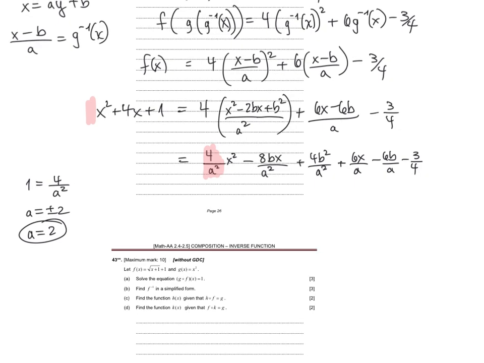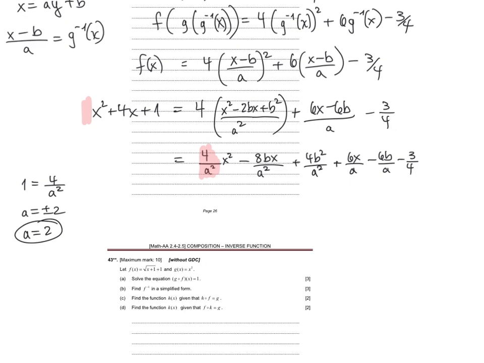All right, now what's an easy one? So we have negative 8b over a squared and 6 over a. That's our x coefficients, and that's going to equal 4. Okay, so a is 2.